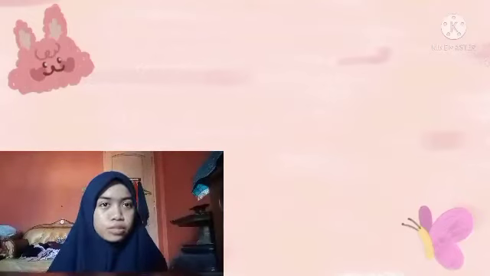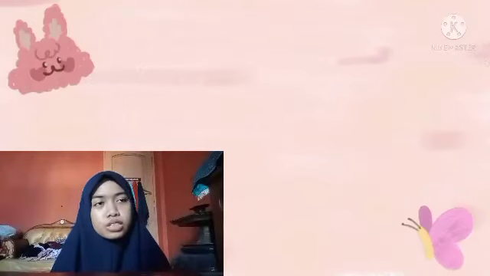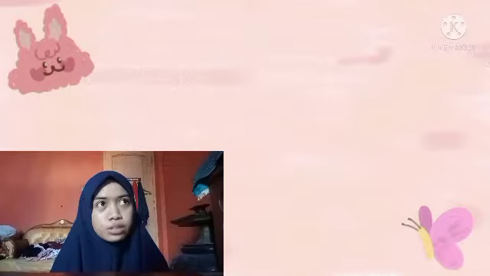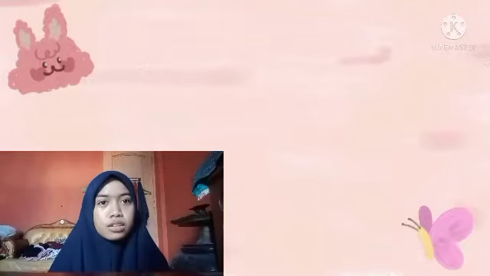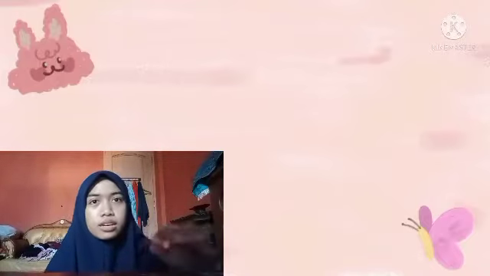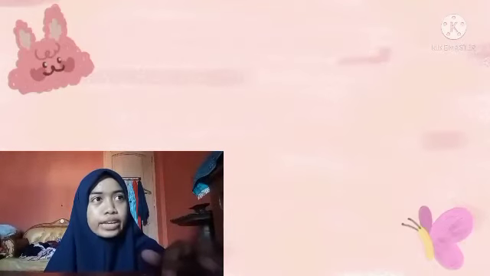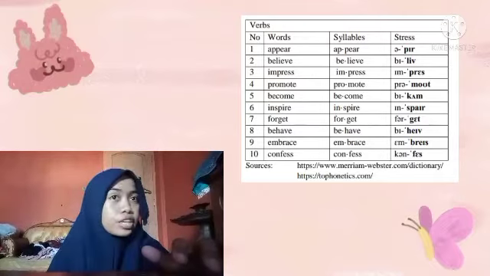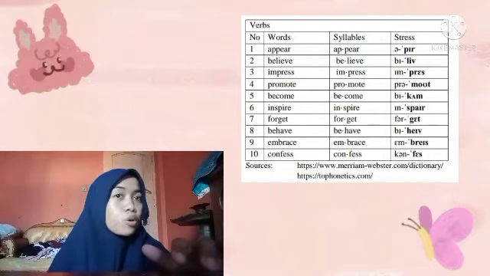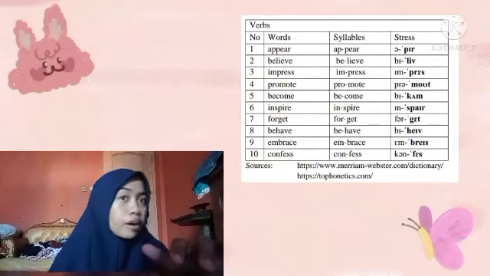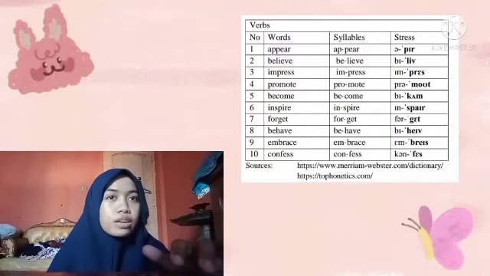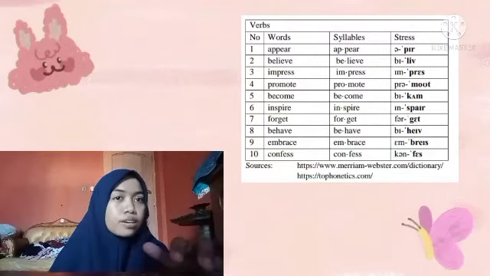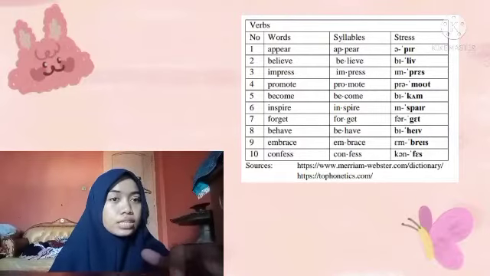Part B is two-syllable verbs and prepositions. The stress on verbs and prepositions is about 80%, and the stress is placed at the end, on the second syllable. For example, words like appear, believe, impress, promote, become, inspire, forget, behave, embrace, confess.